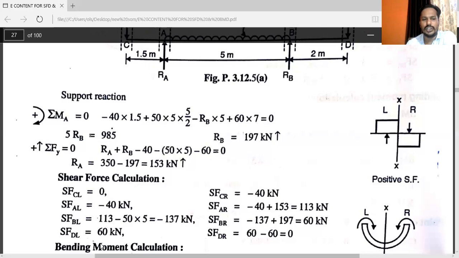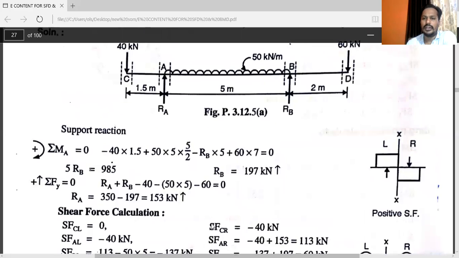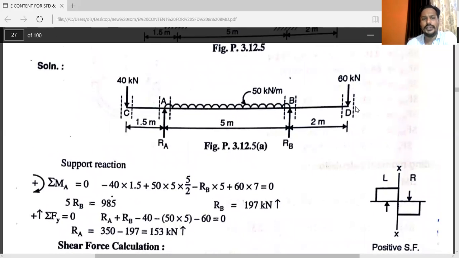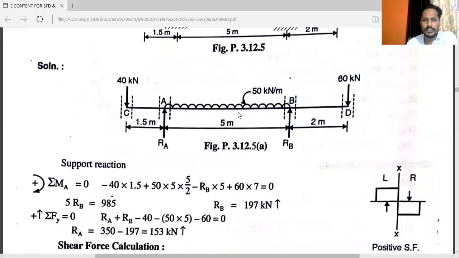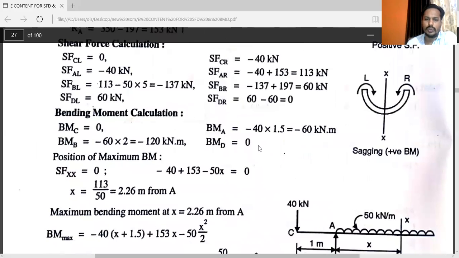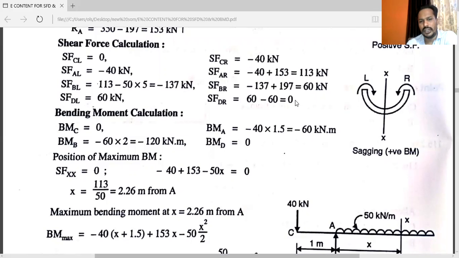The answer is 60 kilonewton. And D just to the right, minus 40 plus RA minus 50 into 5 plus RB minus 60 is equal to 0. So here we have 60 minus 60, that is 0.